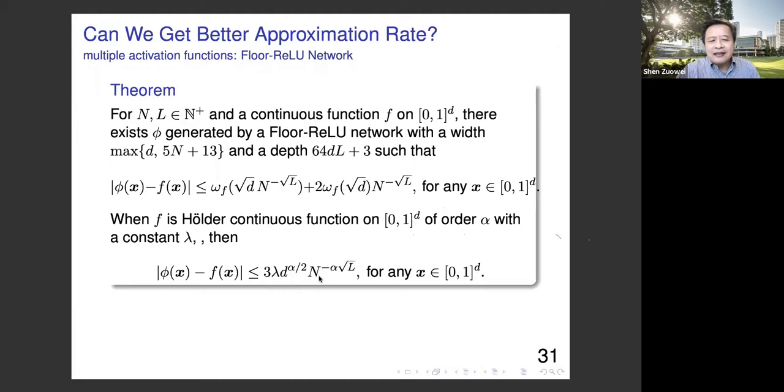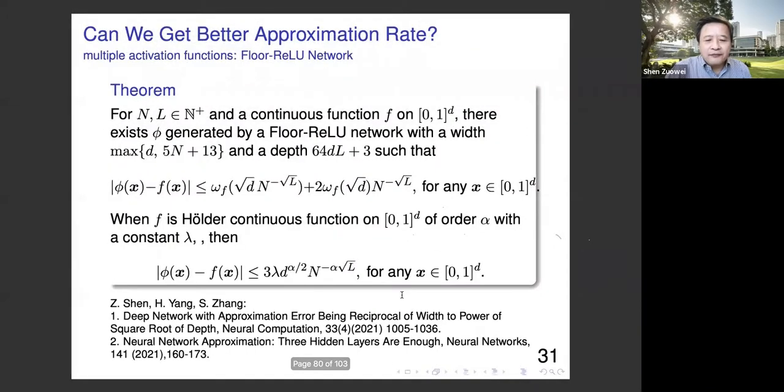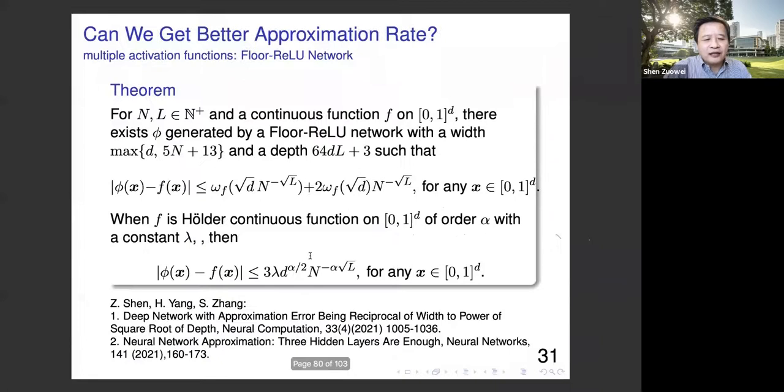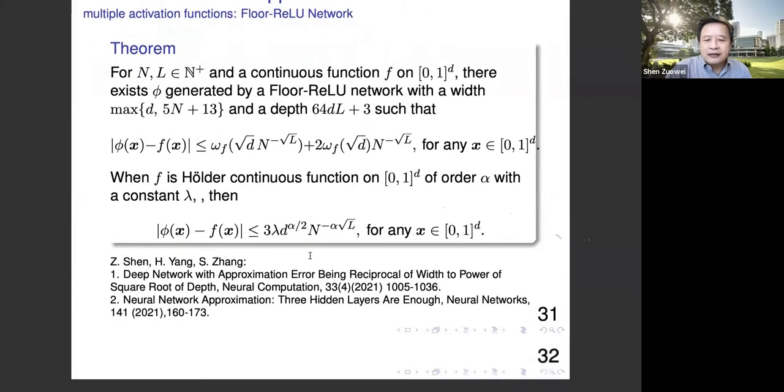Here N is essentially the width, and the power is the square root of L, where L is the depth. It's not as good as the polynomial space, but it's very good. It's almost like exponential. In fact, you can even do better if you use three. These are the two papers we had in this direction.